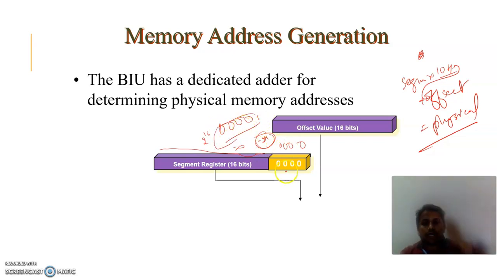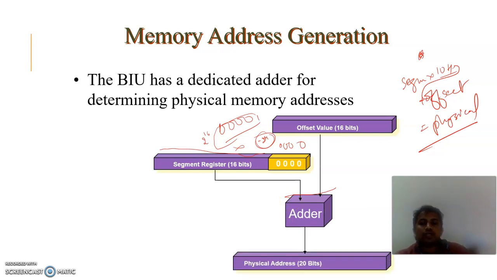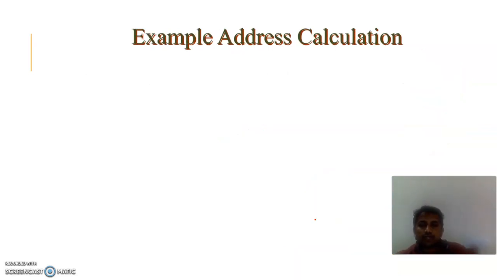This is the general concept. Now this is added using an adder, and once you get this, you will get a 20 bit physical address. Segment address multiplied with 10H, then adding the offset address, gives the physical address. This is the way the physical address is generated.